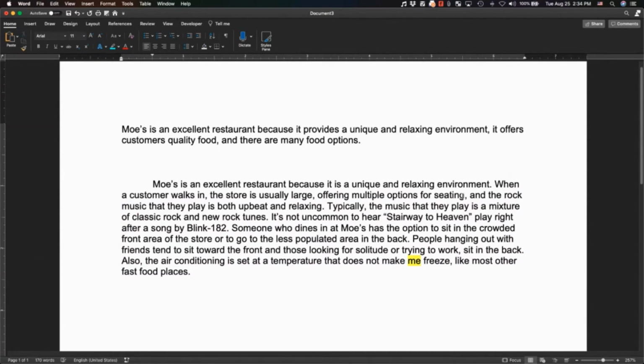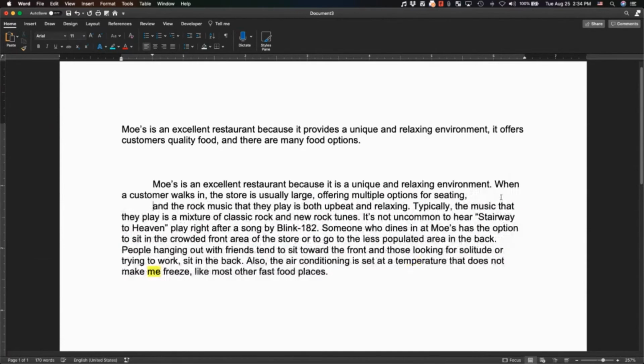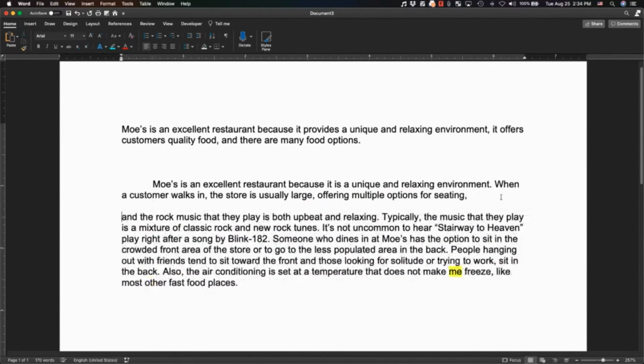We can either move the rock music earlier, or we can split this into two sentences and talk about the seating and things like that right after, which I think would be the easiest route for us to go. So let's just do this for the time being. Okay, so we've got our break there, and then we'll put it back.